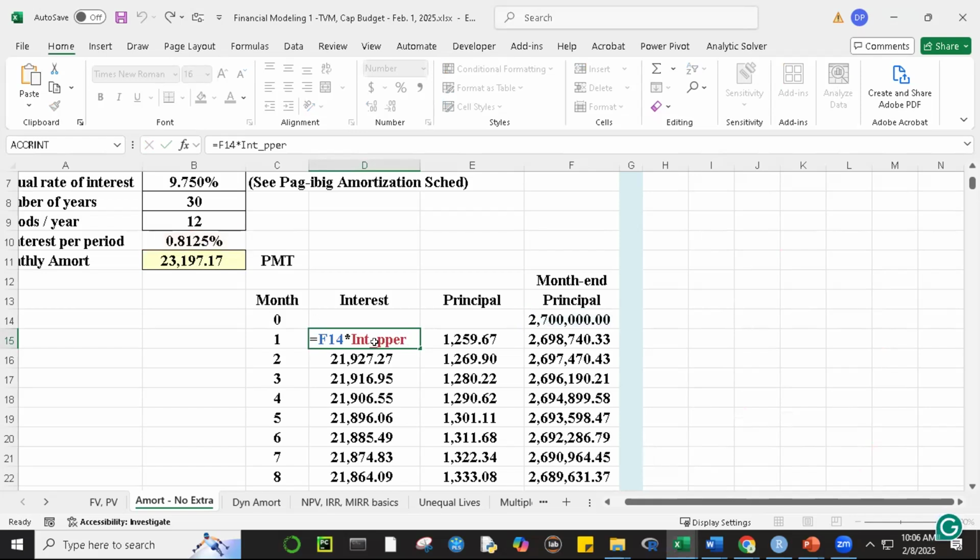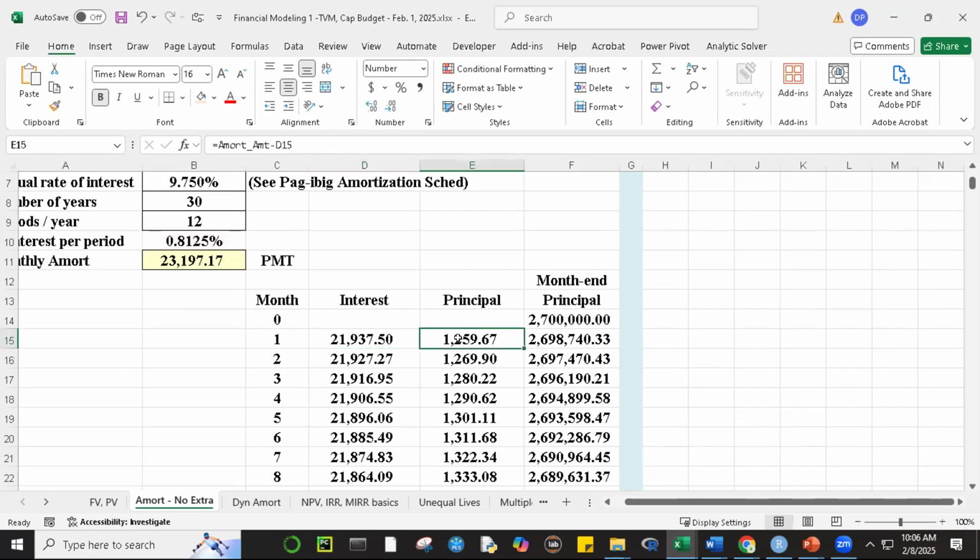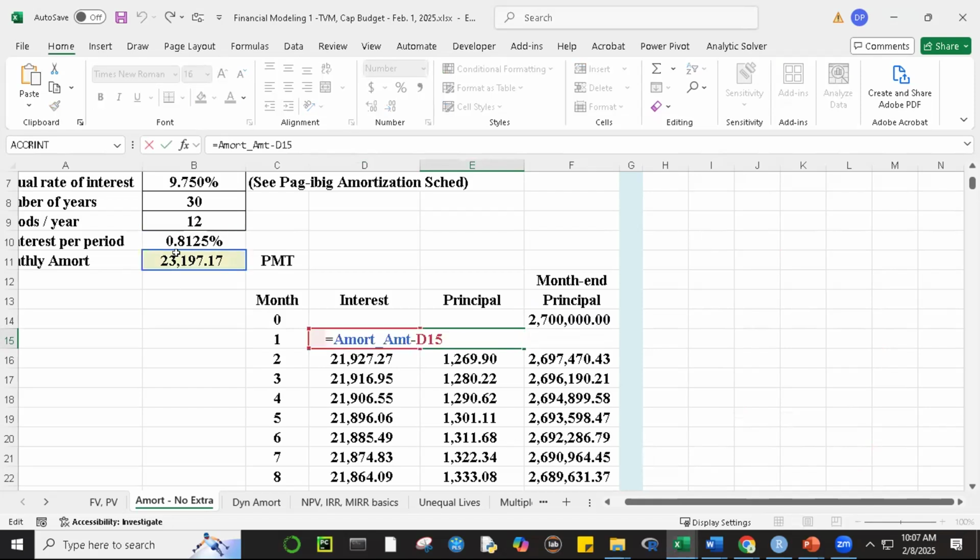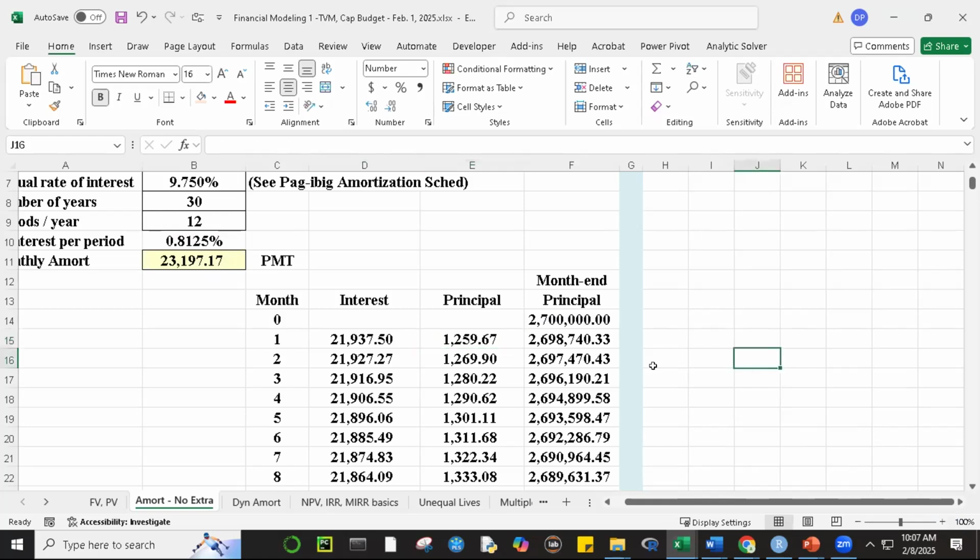That will be the computation of your interest. Therefore, this principal here will be how much did we pay for the month, 23,197. How much will be allocated for interest? This amount. So if you take a look at the formula, this is constant, but we gave it a name. Amortization amount minus the interest will be your principal.